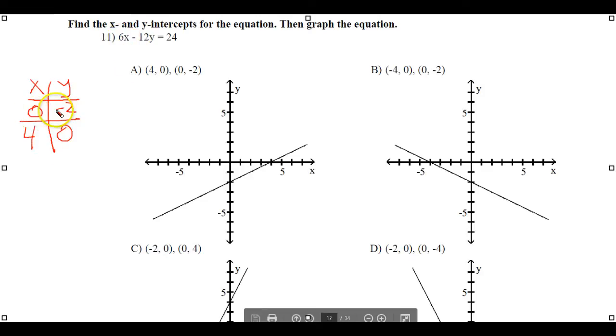So 0, -2, which is right there, and then 4, 0, which is right there. So we have found the intercepts, and this is our graph. So it happens to be letter A.